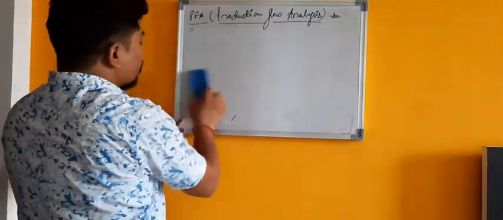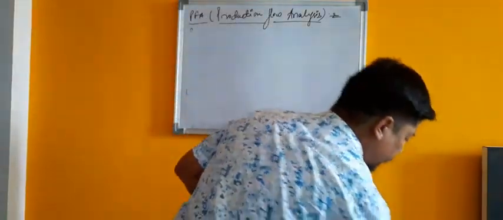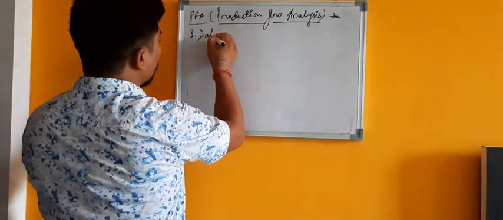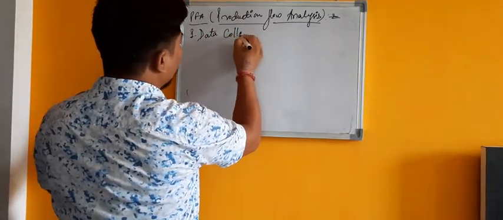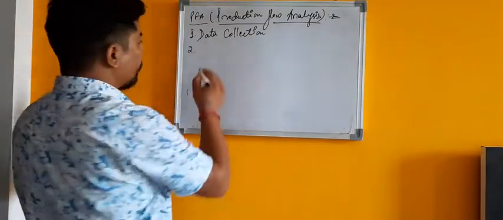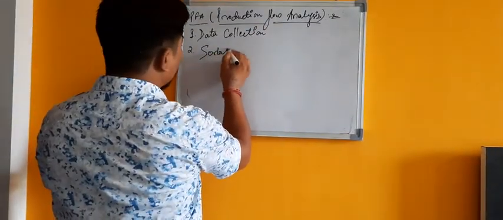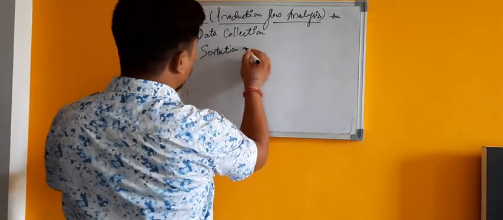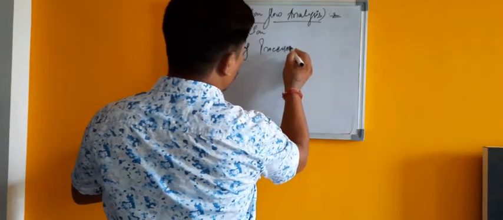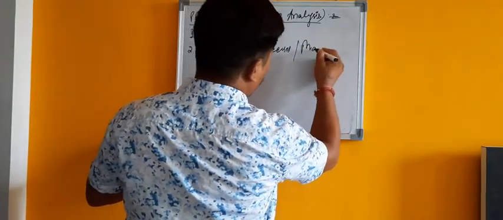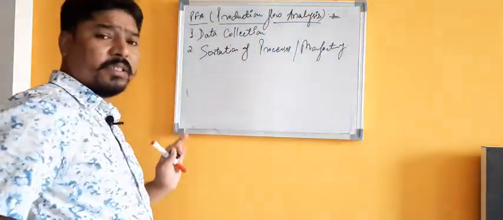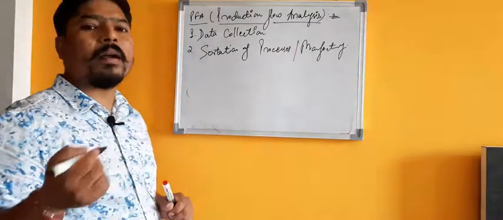The processes we need to follow in PFA analysis of a plant are: first, data collection; second, sortation of processes. Of course, the processes will be the manufacturing processes or manufacturing activities associated with that particular part or component.